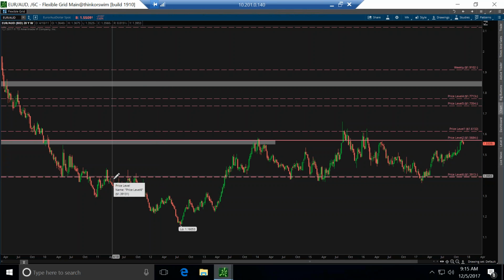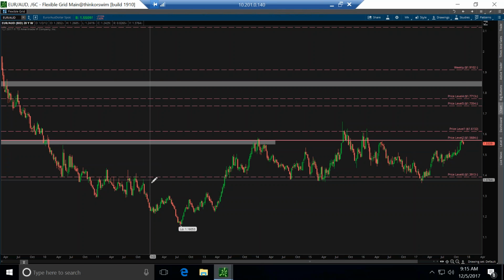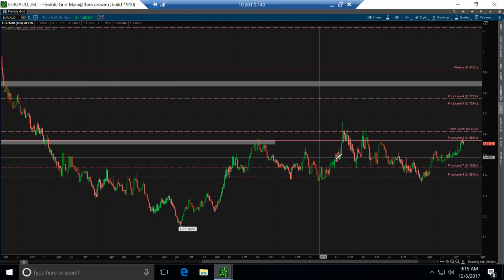For things like this, where it's a little iffy, I would still want to keep it, because you could see that it's tested numerous times, and the wicks try to close above, but the bodies never do. And you could make an argument that, given these wicks up, this would be an area that you'd look for.